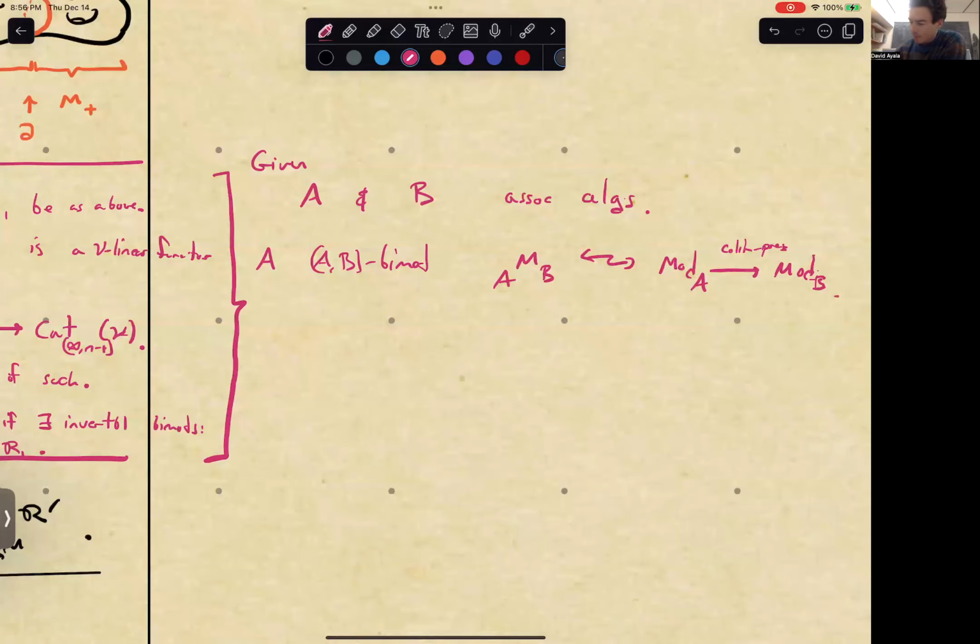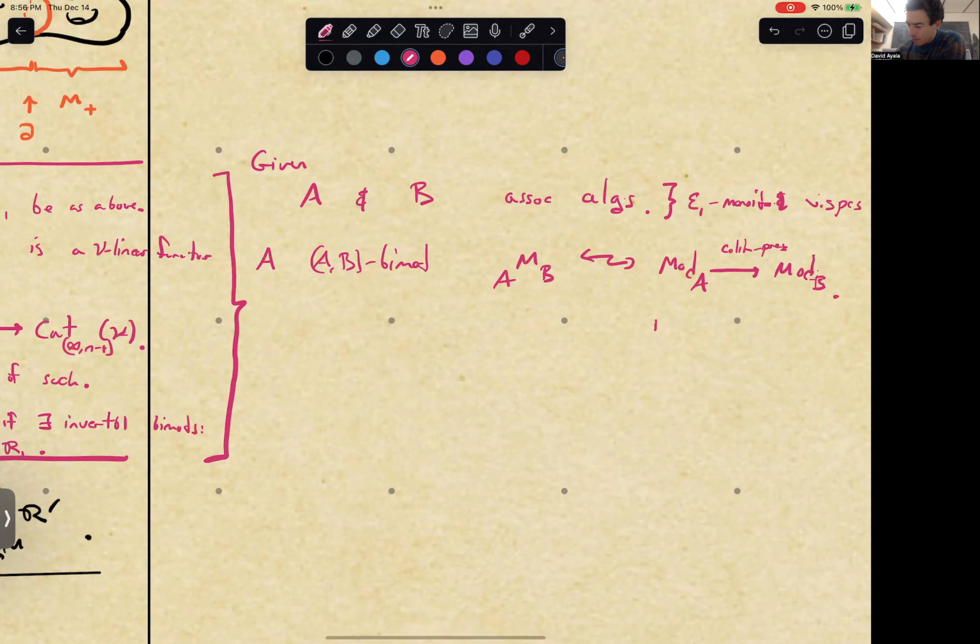So this is kind of a representability. It's rather tautological, but it's a representability of bimodules. So note that these are like E1 monoidal vector spaces. And these are one or even infinity one categories that are enriched over vector spaces.